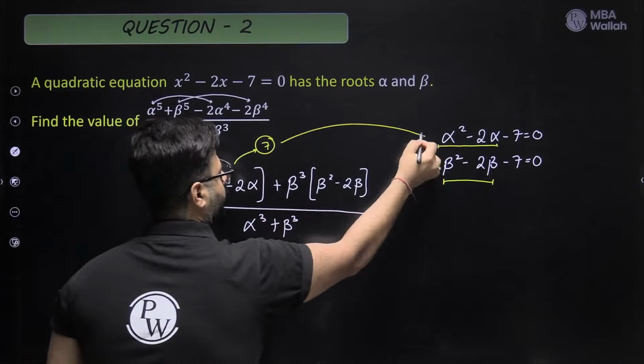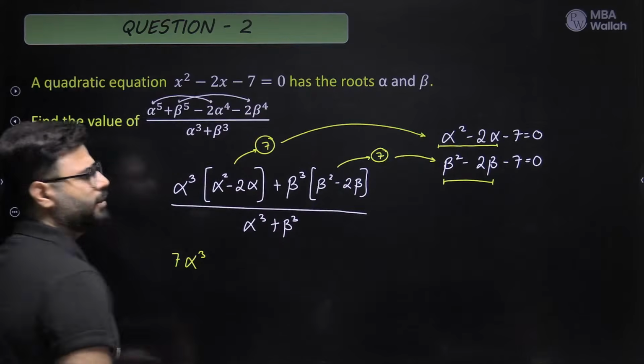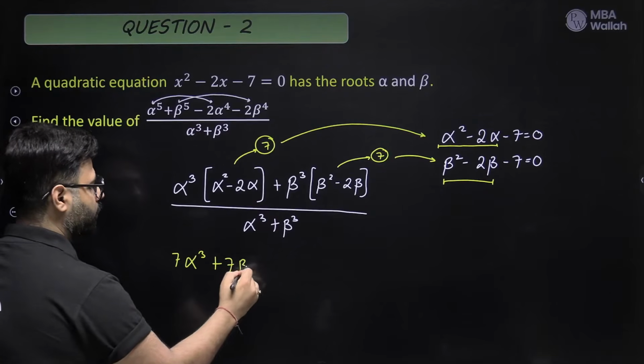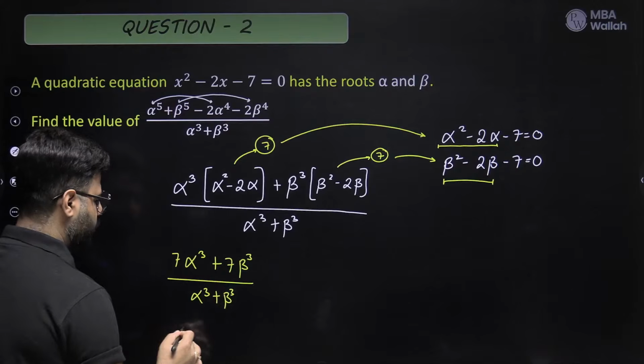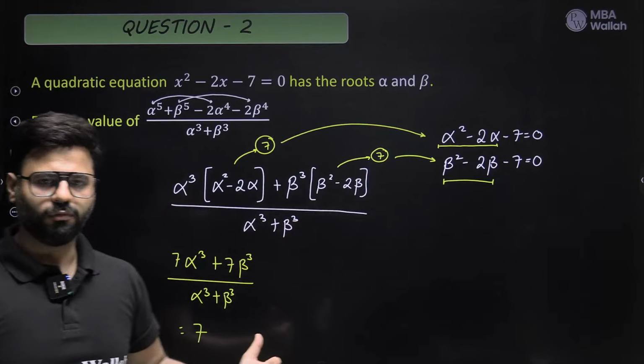Similarly, this guy is also 7. I can easily create beta square minus 2 beta. 7 alpha cube plus 7 beta cube upon alpha cube plus beta cube, eventually 7. No properties, no identities. I told you, 4 lines: 1, 2, 3, 4.